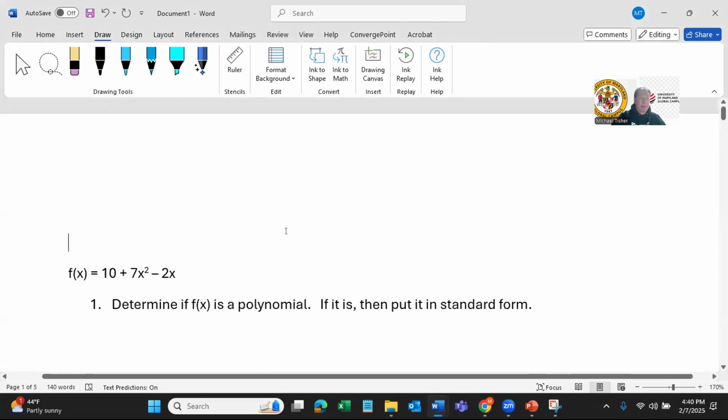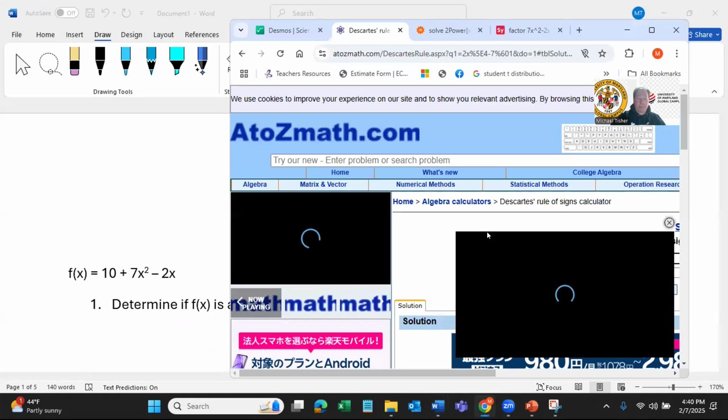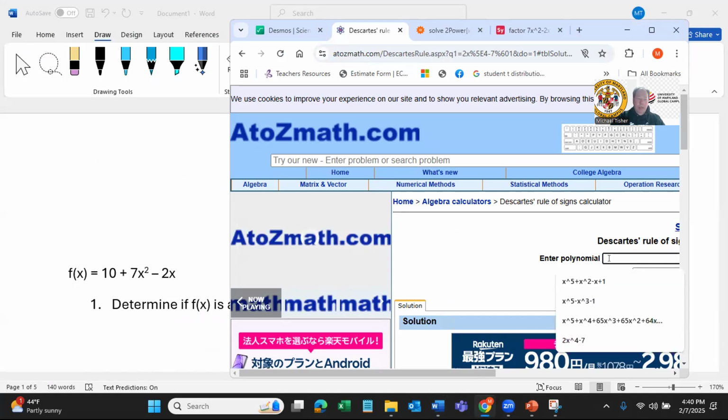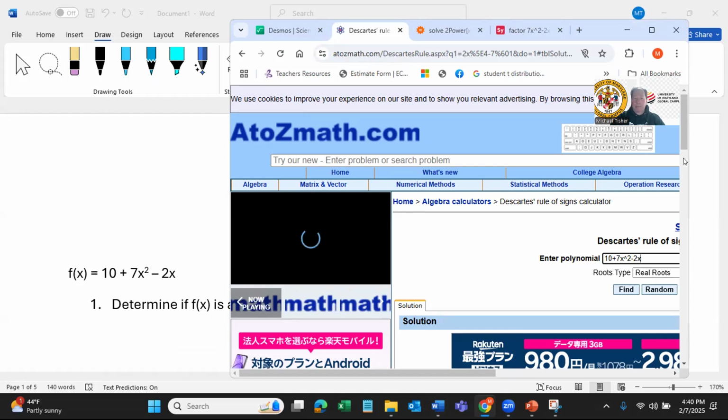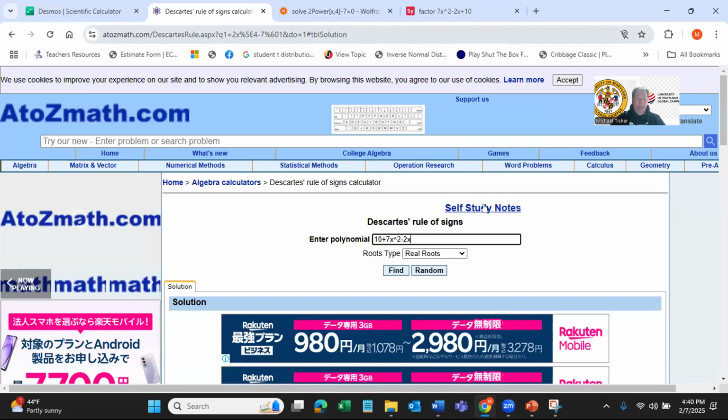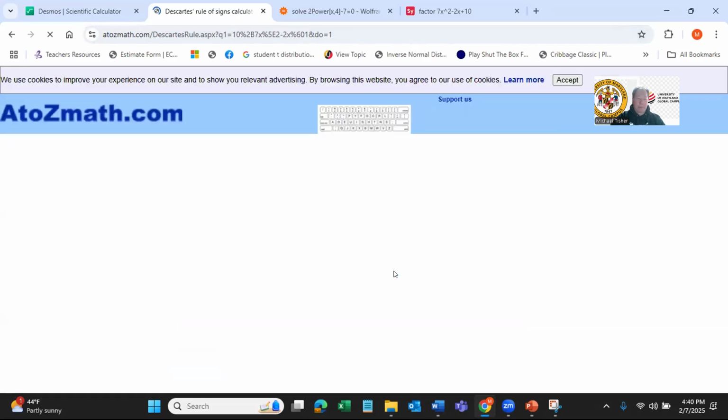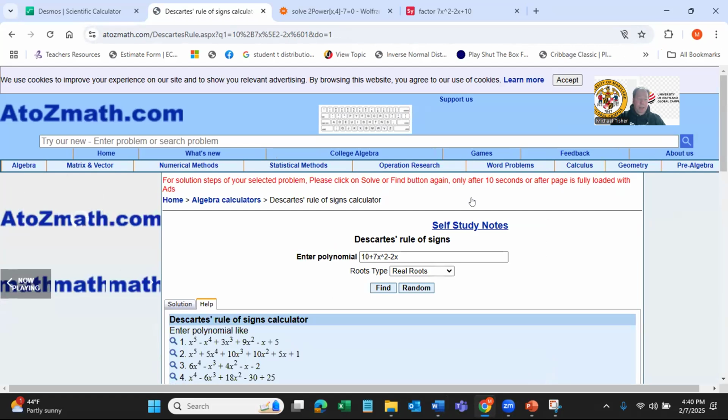Either way is fine. Now we have to enter the f of x part, which is 10 plus 7x to the 2. This upside down v is called a caret, and a caret represents an exponent. So this is 10 plus 7x to the 2 minus 2x. Let's click find and see what it says.